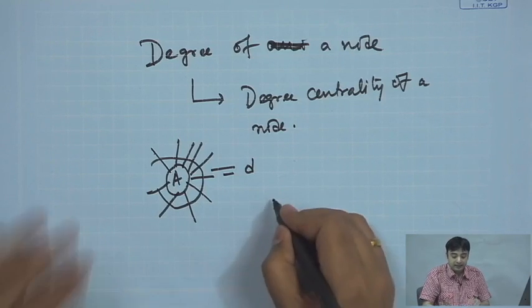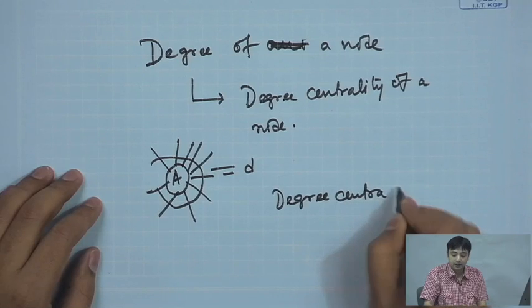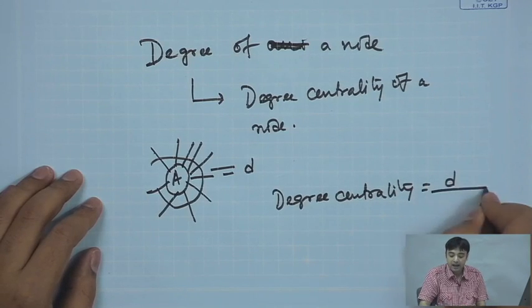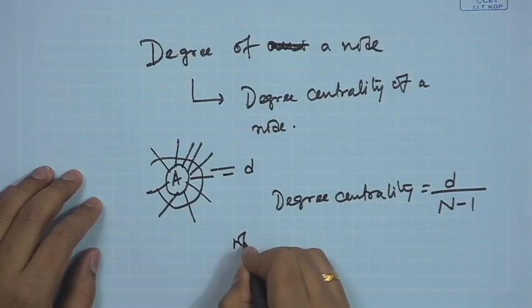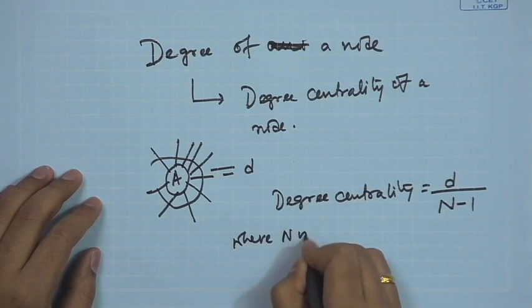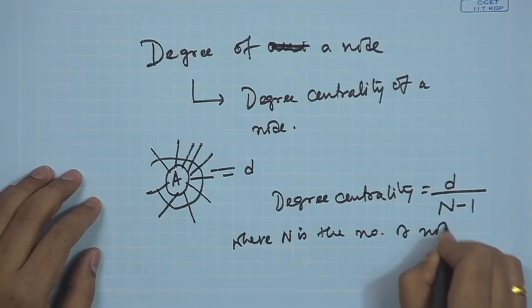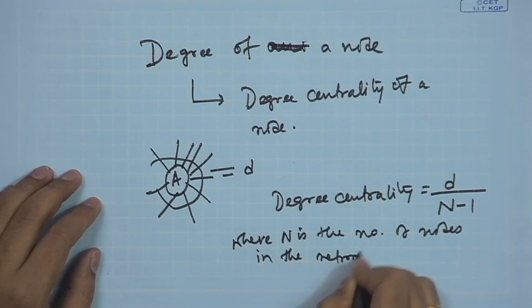Then the degree centrality is equal to d by capital N minus 1, where N is the number of nodes in the network. Fine.